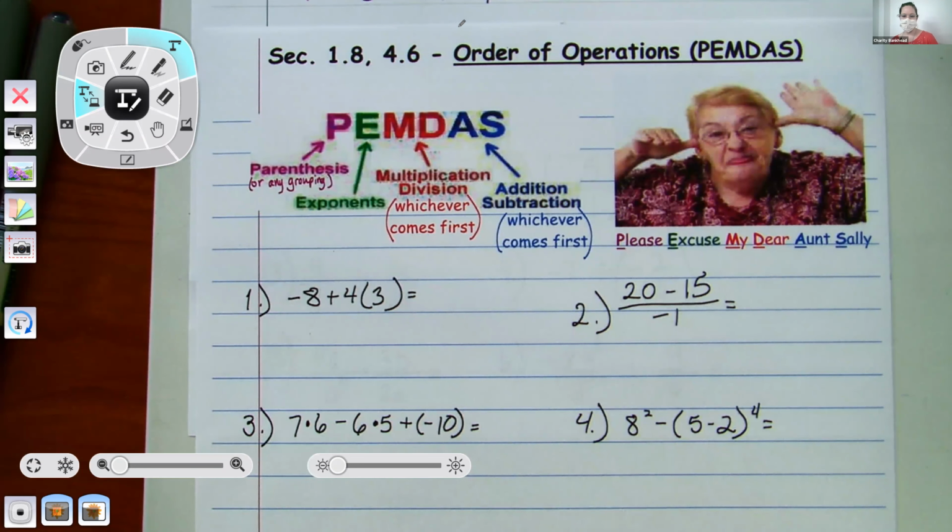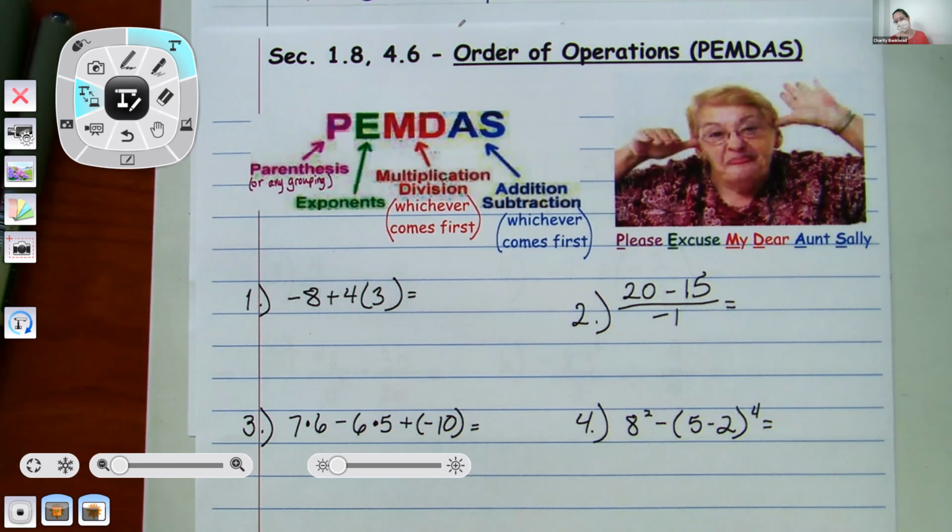So it could be parentheses or any kind of brackets, absolute value bars. It could even be a fraction, because the numerator is one group and the denominator is a separate group. Any operations on the inside of a group, like inside of parentheses, you would need to do first.